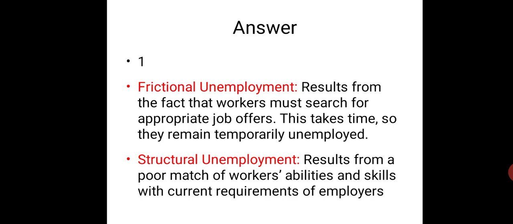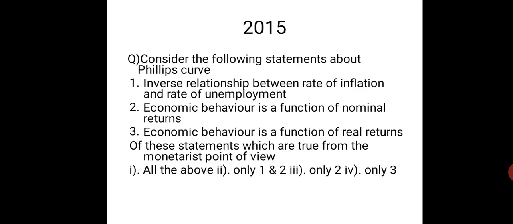So there is a poor match of workers' ability and skill with the current requirement of employers, who are not finding the right person to work because workers lack skill and ability. A classic example can be found when computers were introduced. Most of them did not possess computer skills. So in the time period before they could acquire the skills, there was structural unemployment when the whole structure of the economy was changing. Okay, so the answer is 1.